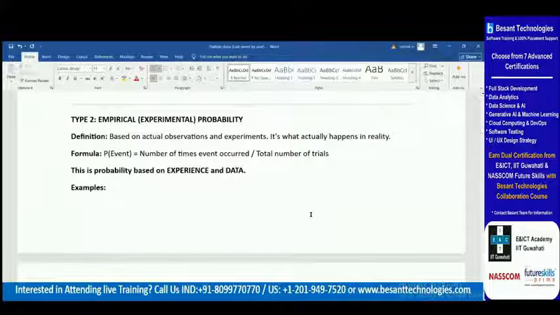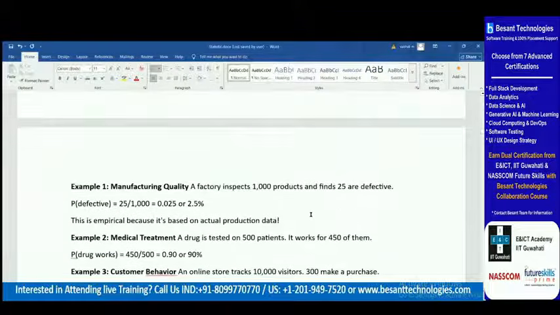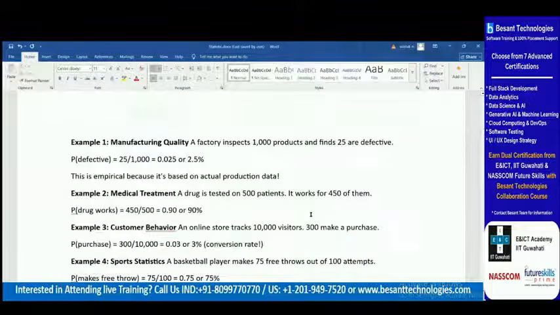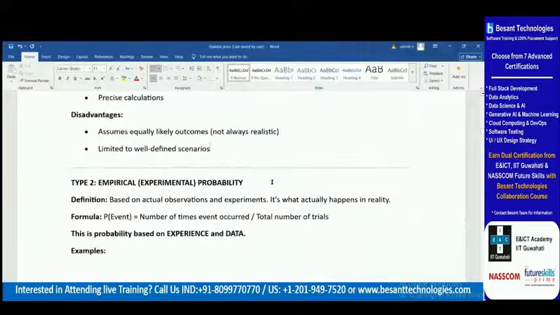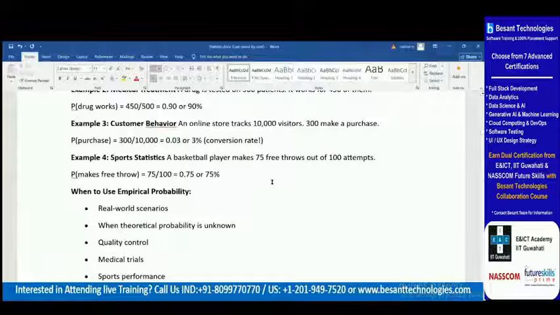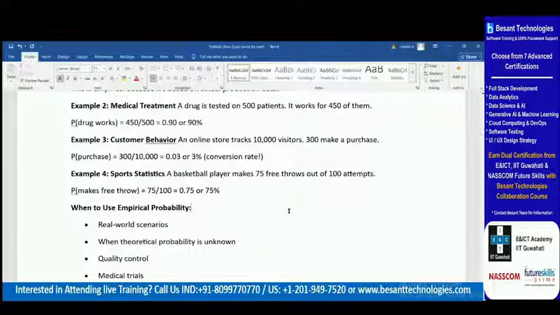So next one is empirical probability. Empirical probability is based on actual observation and experiments. It is what was actually happening in reality. So for all kinds of real data, you'll be using empirical probability. I've given certain examples. Same formula only: the event divided by your outcomes.